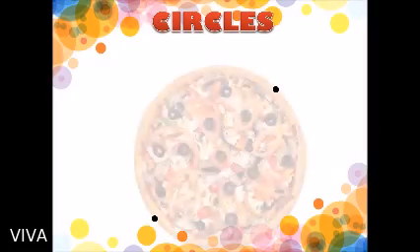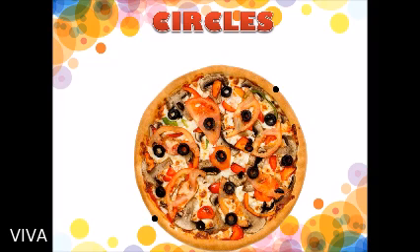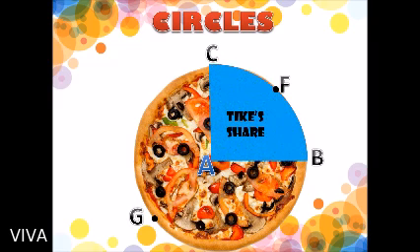Let us look at the pizza as a circle with center A. This is Tyke's share of pizza, while the rest was eaten by Spike. Which parts of a circle do you see in Tyke's share of pizza?